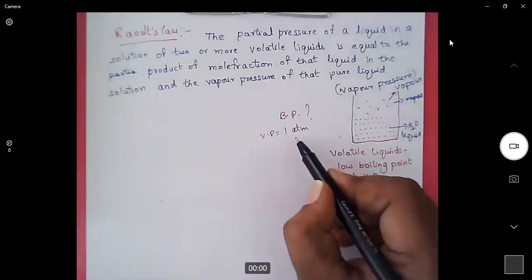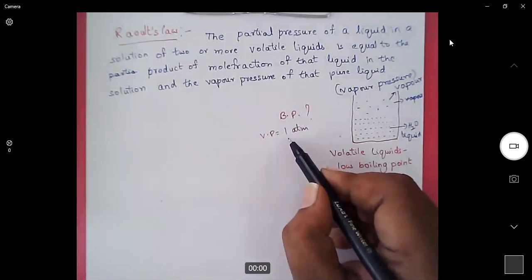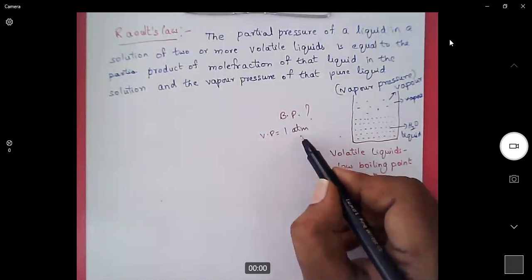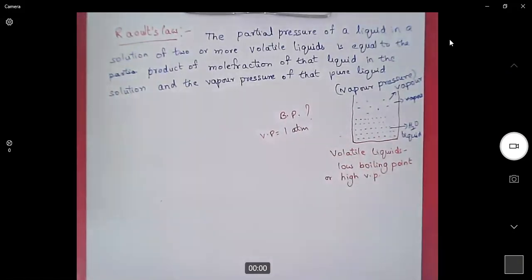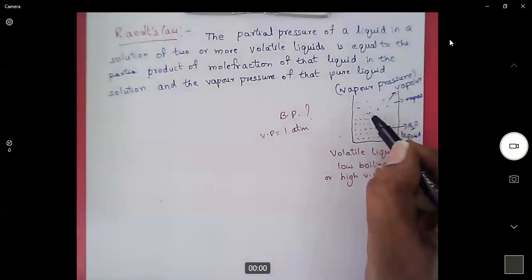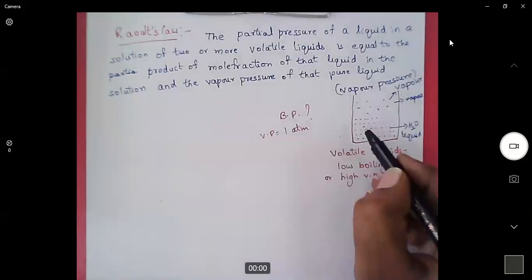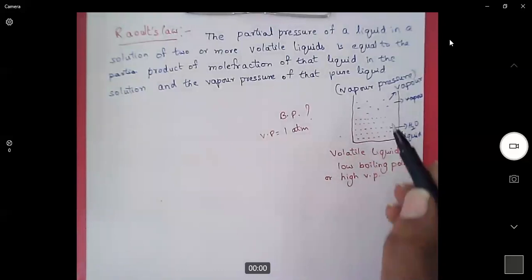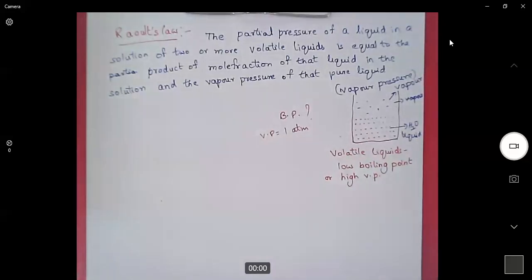Why 1 atmosphere? Because normal atmosphere on the earth is taken as 1 atmosphere. So when we supply energy, the liquid converts to vapor phase, and once the vapor pressure becomes equal to 1 atmosphere, all the solvent in liquid form is converted to vapor.